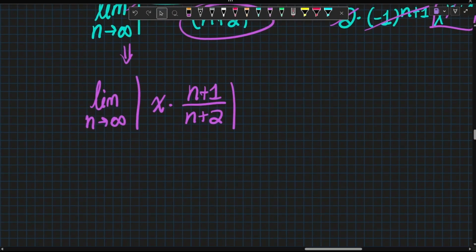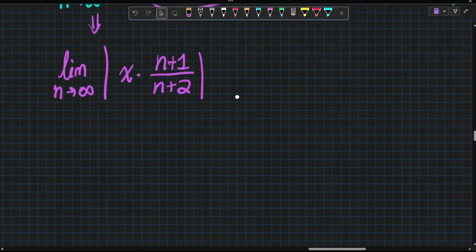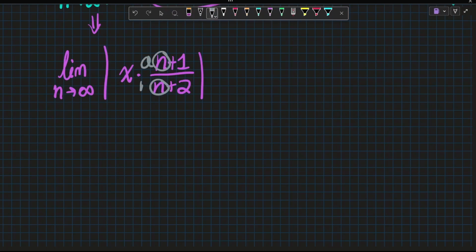And you already know how this works. If you have the same power on the top and bottom, it is the ratio of the coefficients, a over b, that the function approaches as its variable approaches infinity. Now here our variable is n, and the coefficients are 1, 1, and x, right?